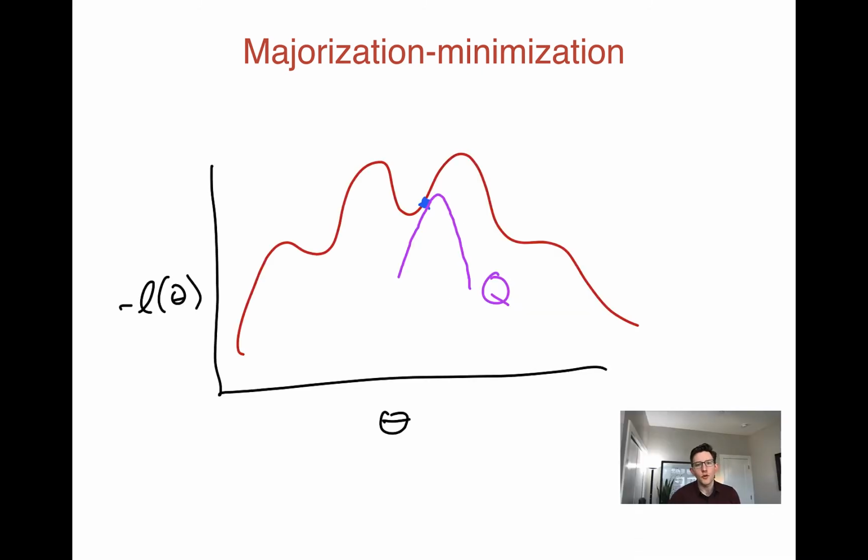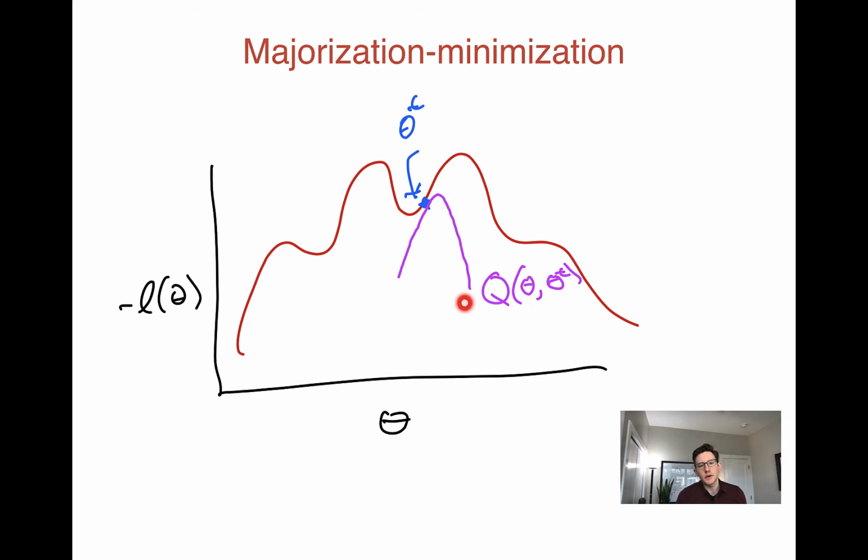So just to go back to our picture here, here we are at iteration t. So this blue dot would be theta t. Then we define this function q of theta, theta t. Notice that we're holding theta t fixed here, so it's just theta that gets to change.